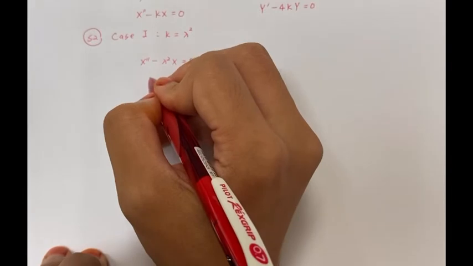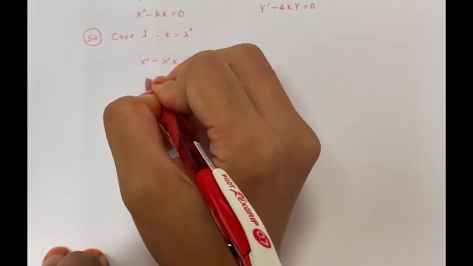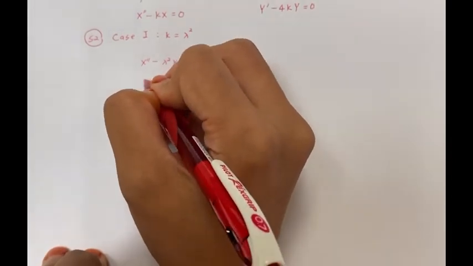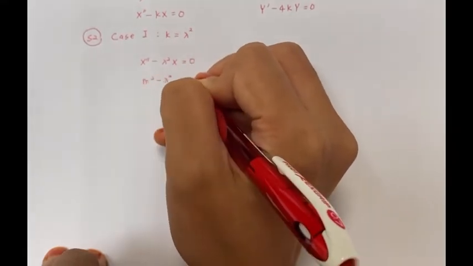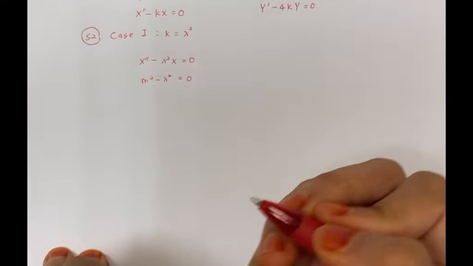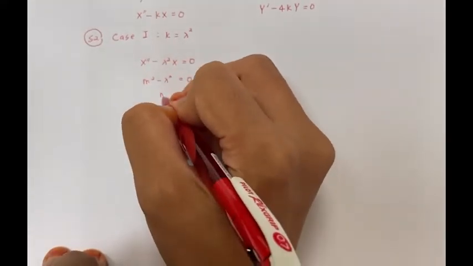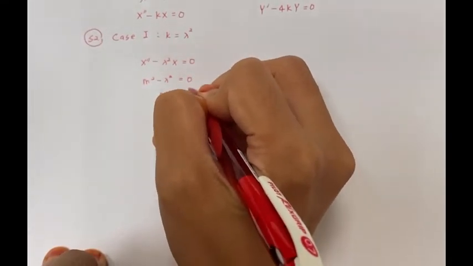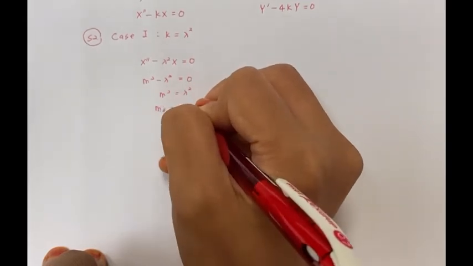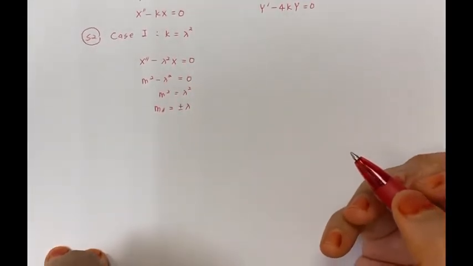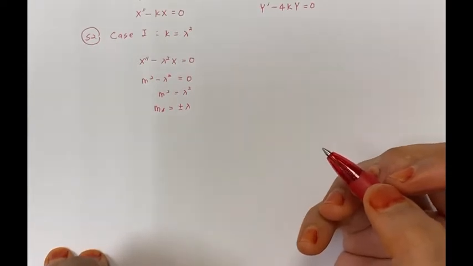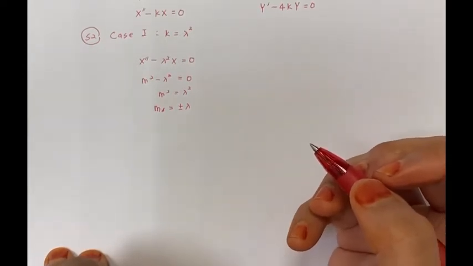Find the characteristic equation. This is your second order ODE. So m square minus lambda square equal to 0. So m square is equal to lambda square, so m equal to plus minus lambda. m1 is equal to lambda, m2 is equal to negative lambda.